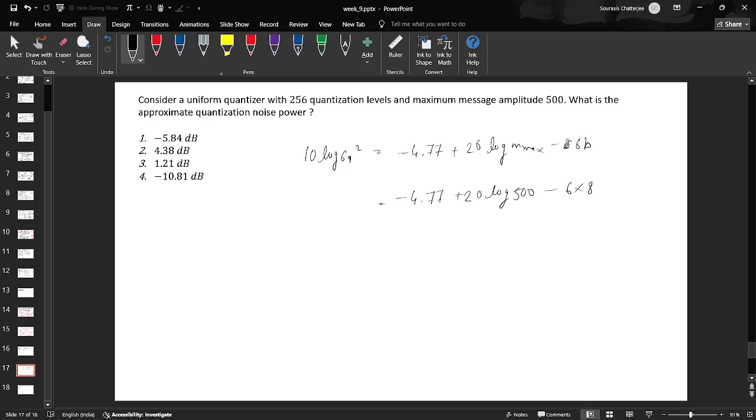So minus 4.77 minus 48 plus 20 log 500, which is 53.97. That comes out to be 1.21 dB. So the third one is the correct answer.